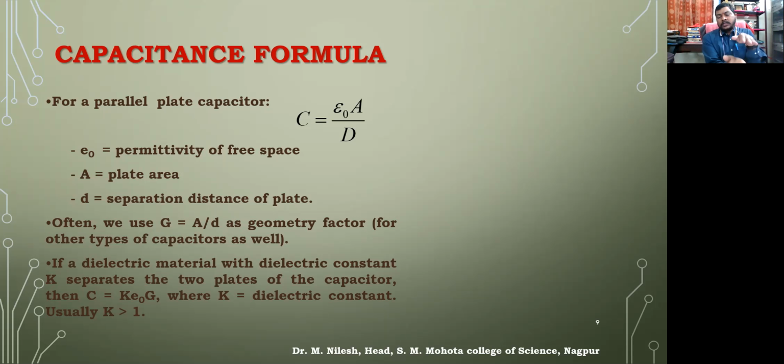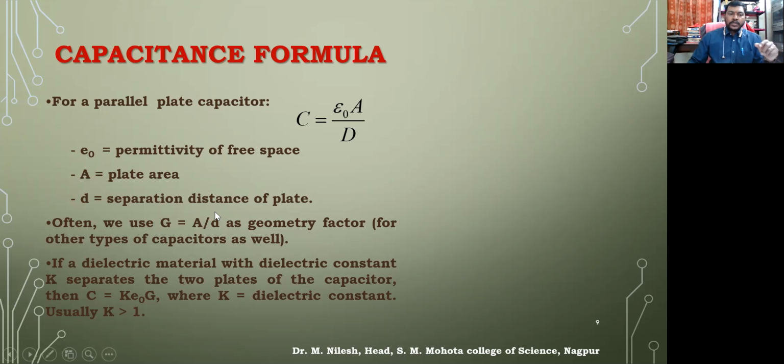The distance is inversely proportional to the capacitance, whereas the area is directly proportional to the capacitance. If there is a large surface area, we will have a large capacitance, right? So C is directly proportional to the area of the plate, and inversely proportional to the distance between the plates.